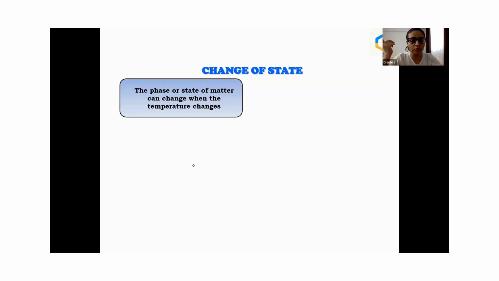Kinetic energy will increase or decrease when we start giving temperature to the solid state? Ma'am, increase. Yes, kinetic energy will increase, correct.